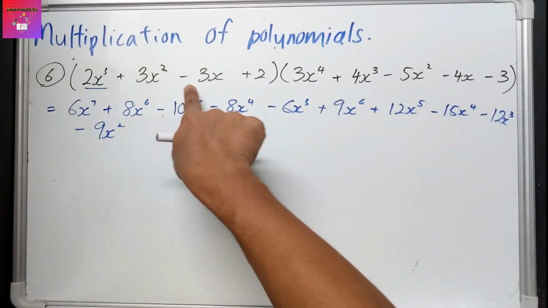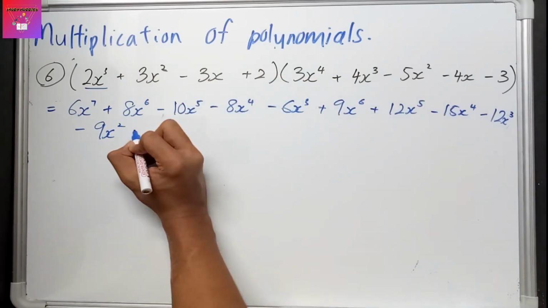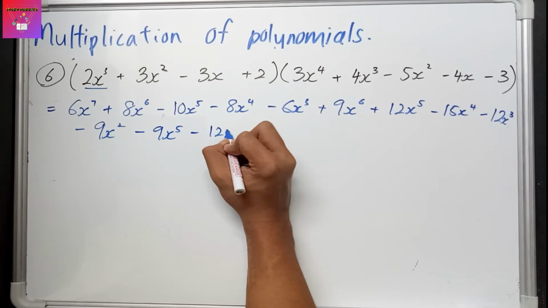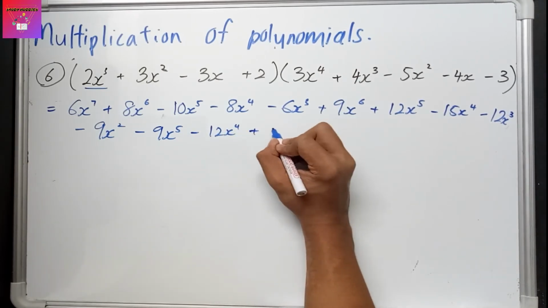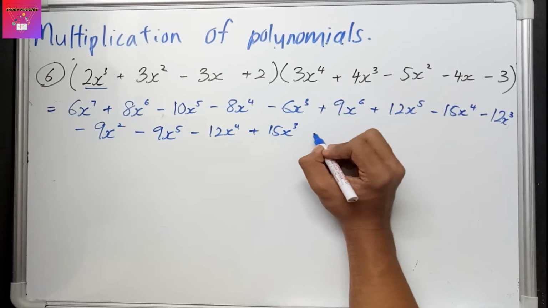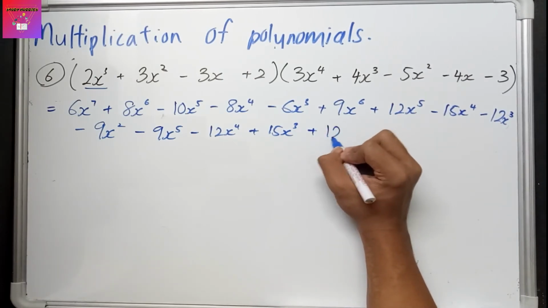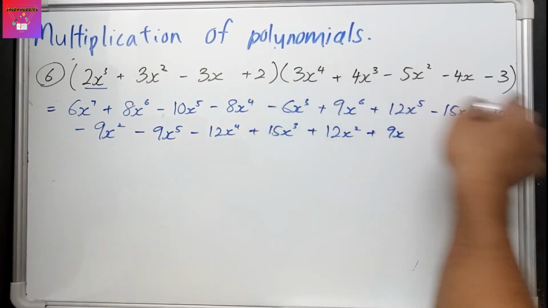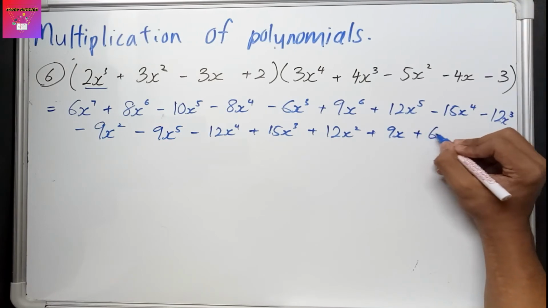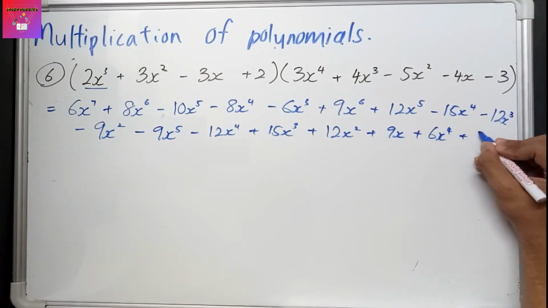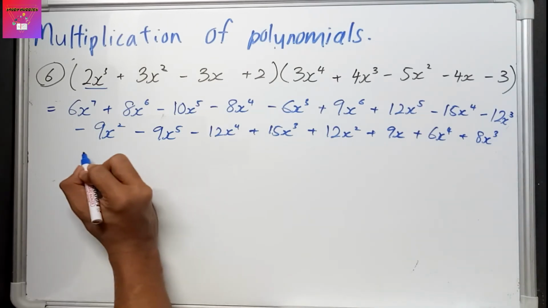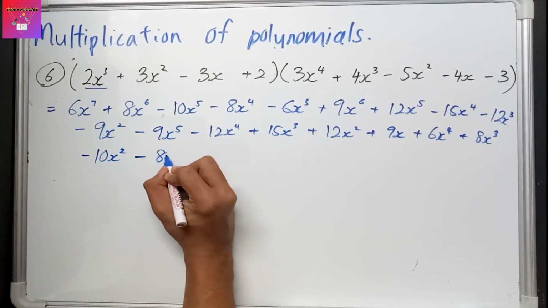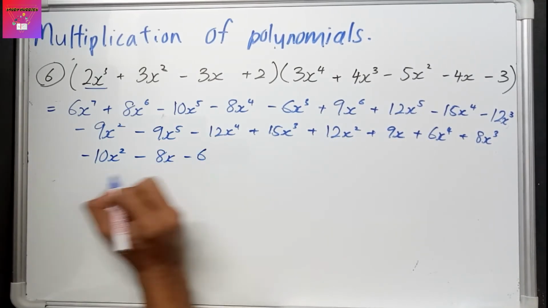So now let's resume with negative 3x, multiply with all the values. So negative 9x to the power of 5 minus 12x to the power of 4 plus 15x cube plus 12x square plus 9x, and lastly to multiply everything by 2, we are going to get 6x to the power of 4 plus 8x to the power of 3 minus 10x square minus 8x minus 6.